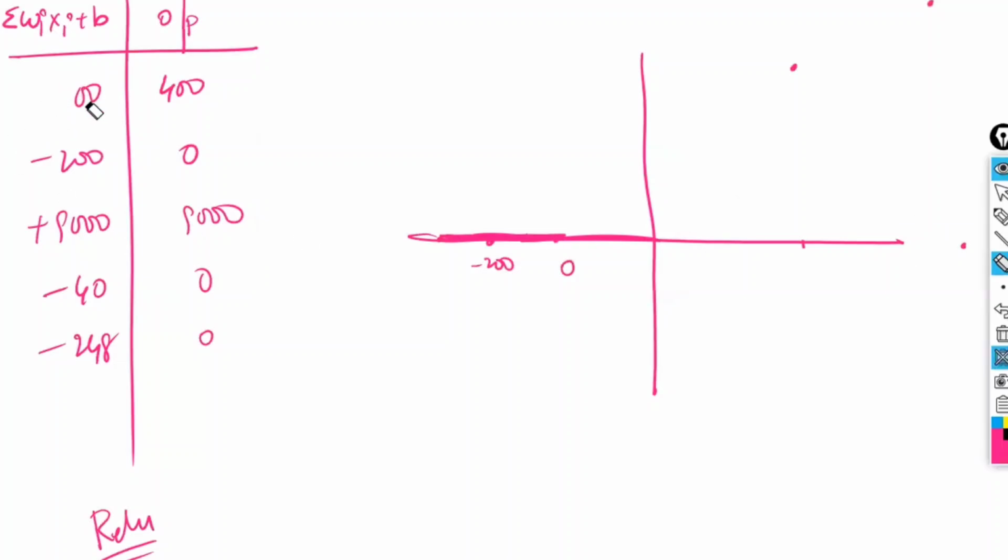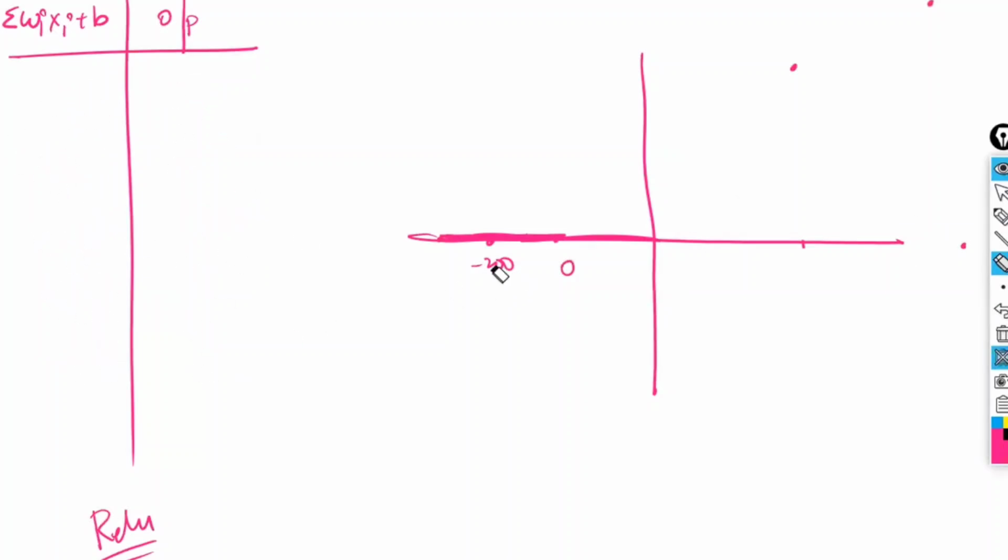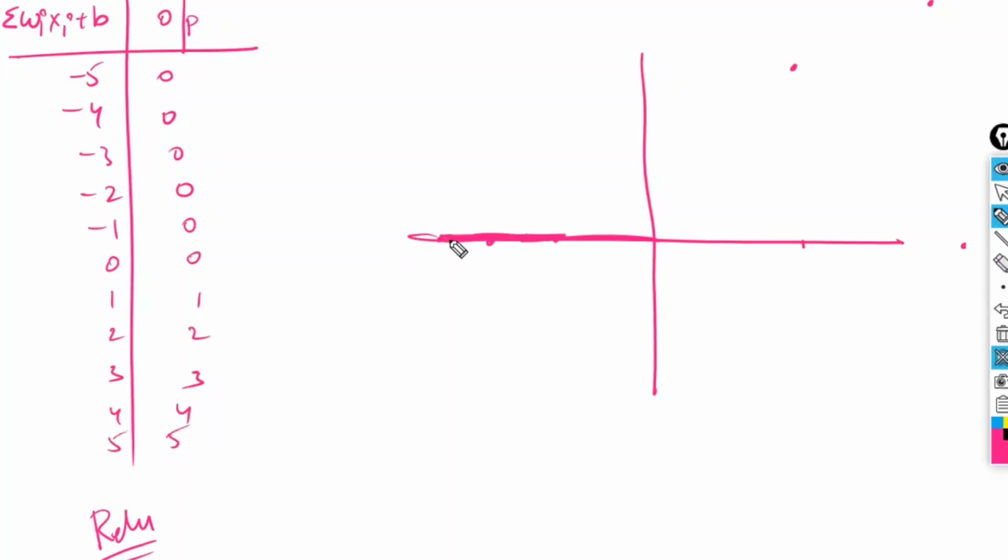Let us take a simple way, for easy understanding, instead of going with such big values: -5, 0; -4, 0; -3, 0; -2, 0; -1, 0; 0, 0; 1, 1; 2, 2; 3, 3; 4, 4; 5, 5. Now draw the plot.